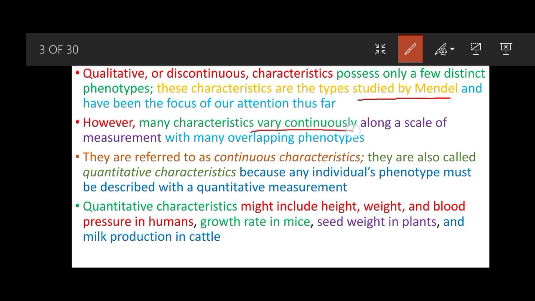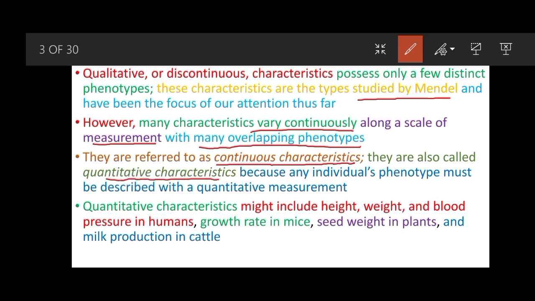So, continuous variation along the scale of a measurement is present in many quantitative characteristics, and because of this continuous variation, there are many overlapping phenotypes for those traits. So the traits that are continuously varying and have many overlapping phenotypes are referred to as continuous characteristics, and they are also known as quantitative characteristics.